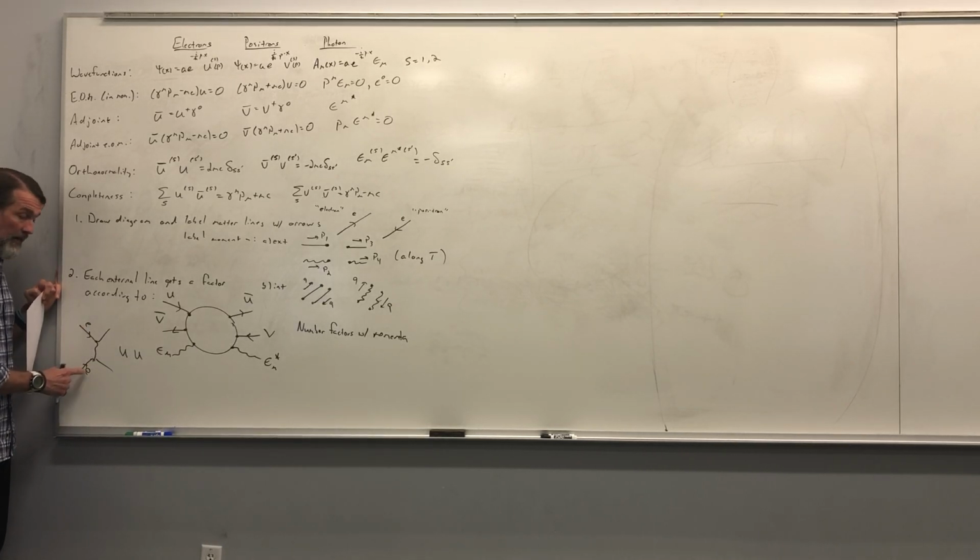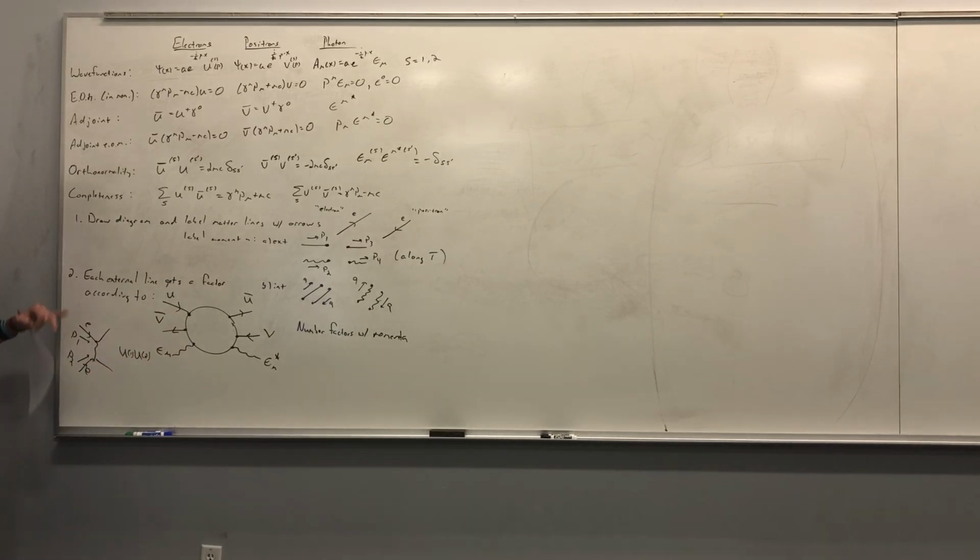The simplest way to do that is to say, okay, I'm going to assign this electron momentum P1, and I'm going to assign this electron momentum P2, and then I can just say this is U of 1 and this is U of 2. So the 1 and the 2 here is just a label telling you which of these particles this is the spinor for. It's just a concise notation, okay?